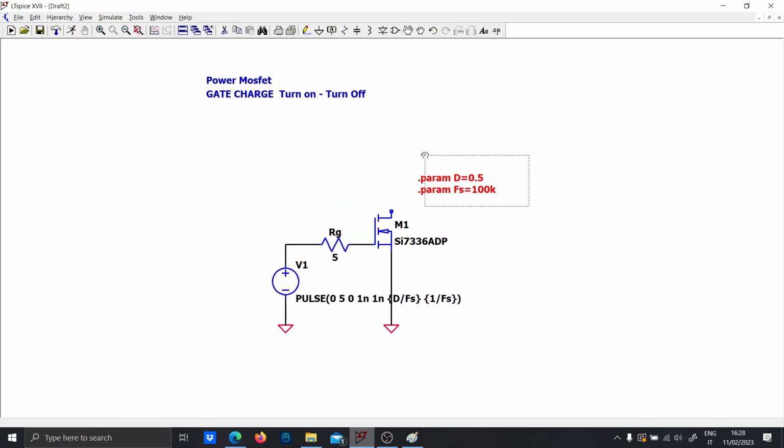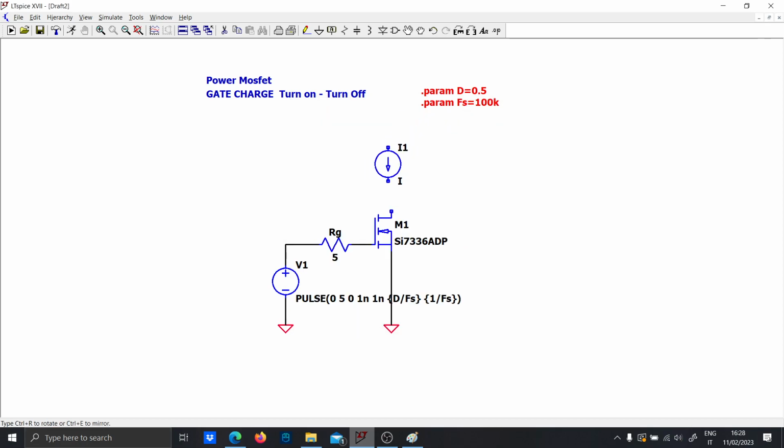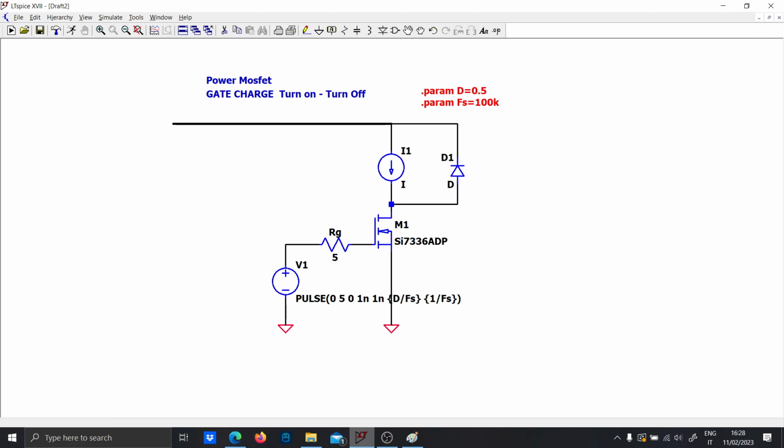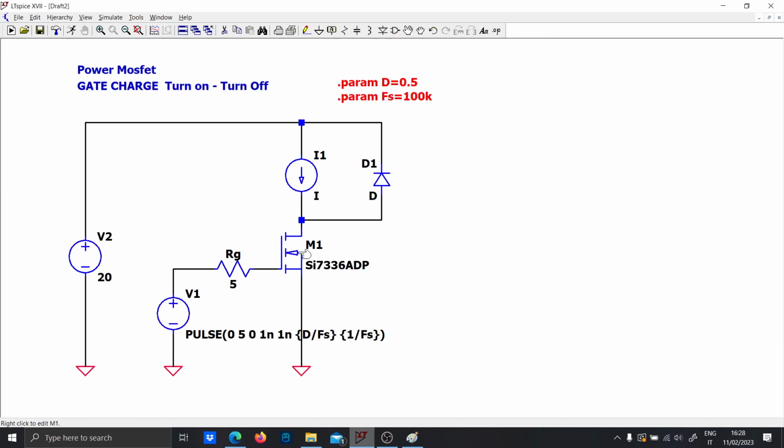So now let's use a constant current here. You can also put an inductor if you want, but it is more effective with a diode, a freewheeling diode. Let's put a voltage here of 20 volts. Let's put 2 amps, for instance.